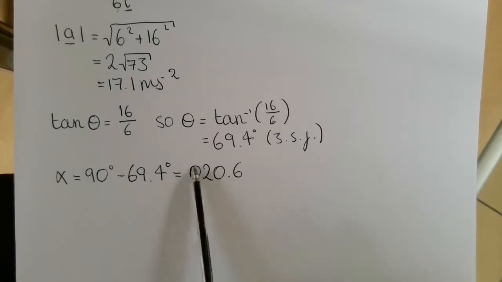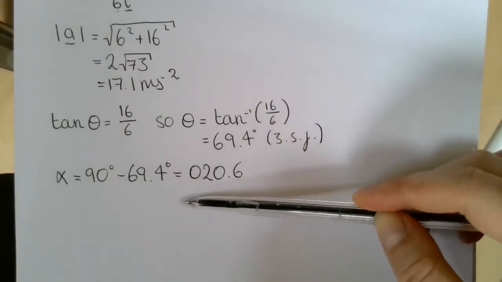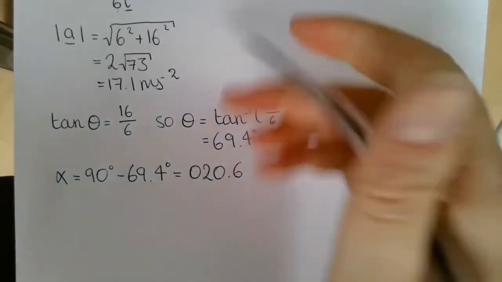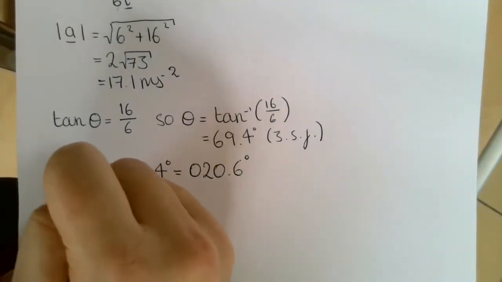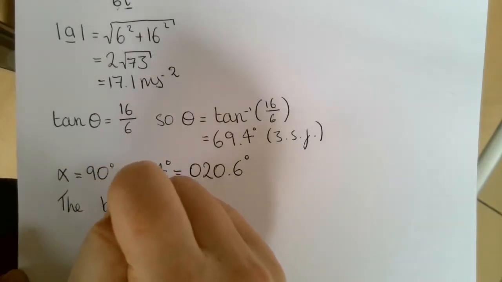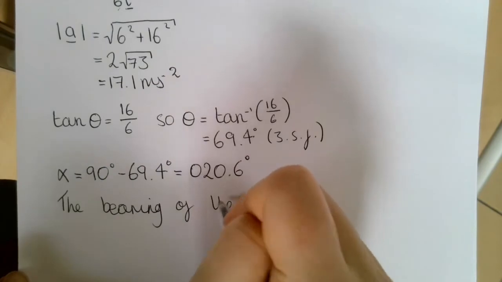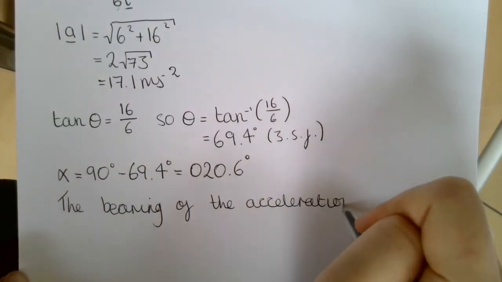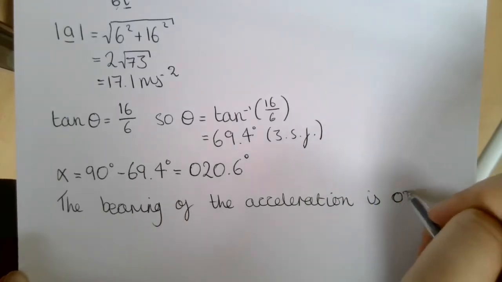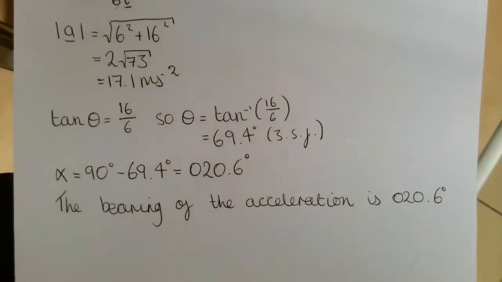So just remember, for bearings we always write down what the value is in the hundreds column as well. So this is just the notation for a bearing. So we would say the bearing of acceleration is 020.6 degrees.